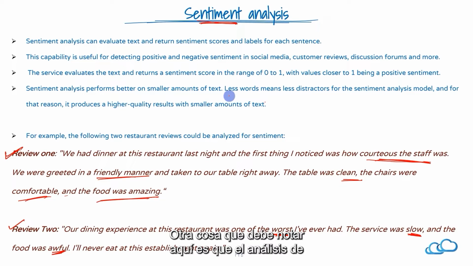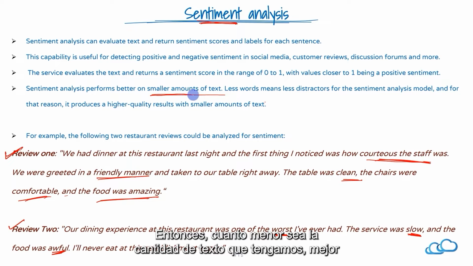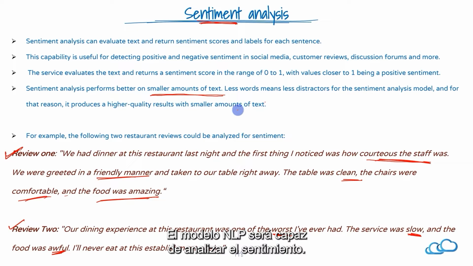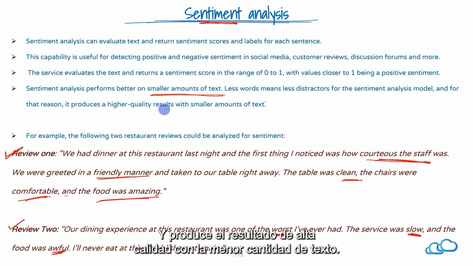Another thing you want to notice here is that sentiment analysis performs better on a smaller amount of text. So the smaller the amount of text we have, the better the NLP model will be able to analyze the sentiment, and it produces high quality results with a smaller amount of text.